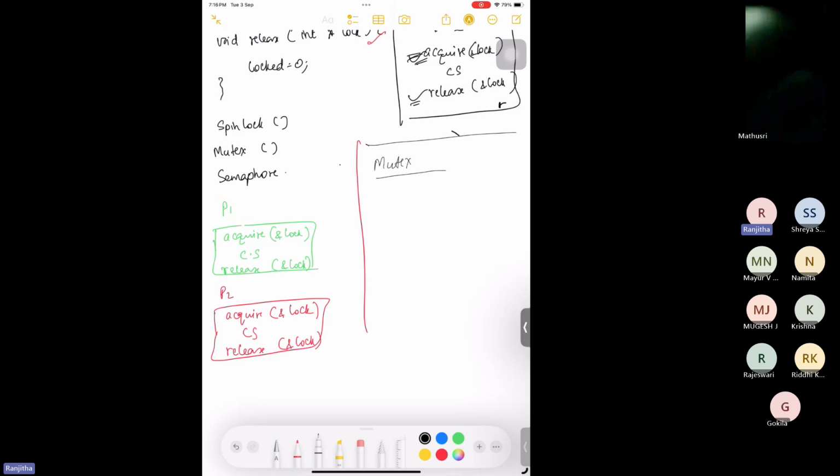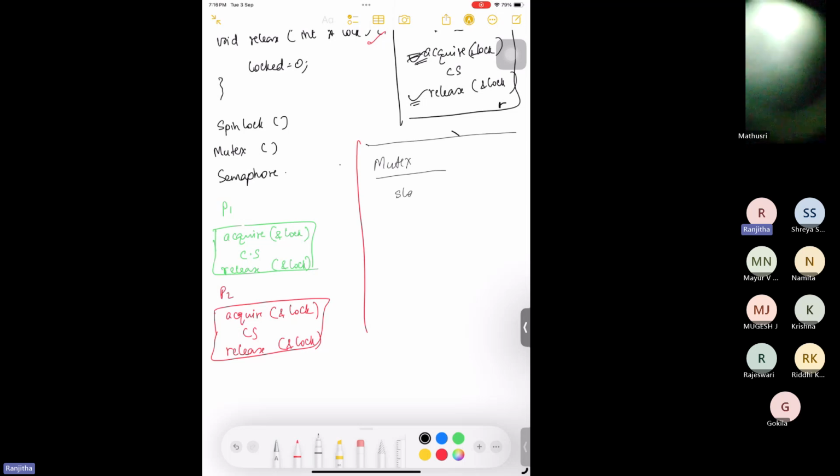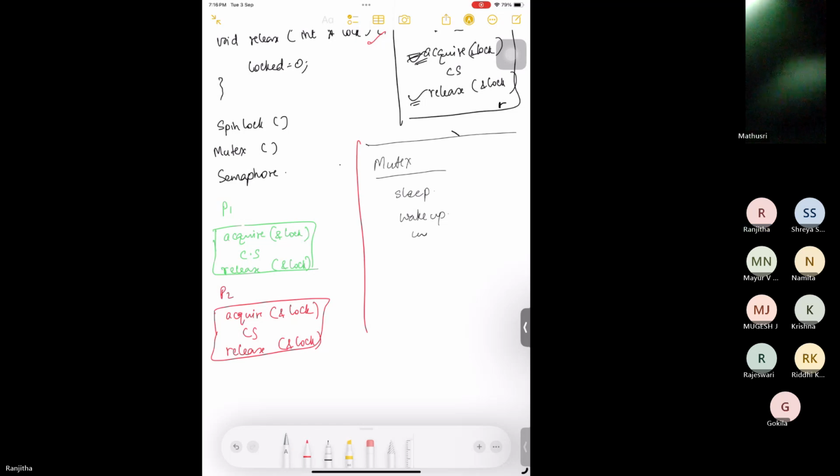Instead, if the process sees that another process has taken the lock, it will go to sleep, and once the process which has taken the lock finishes, it will invoke a wake up.